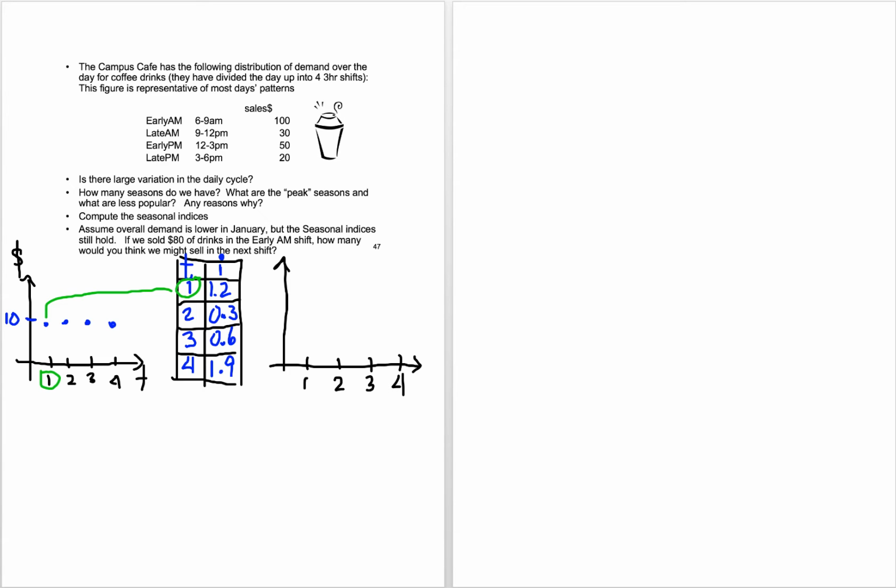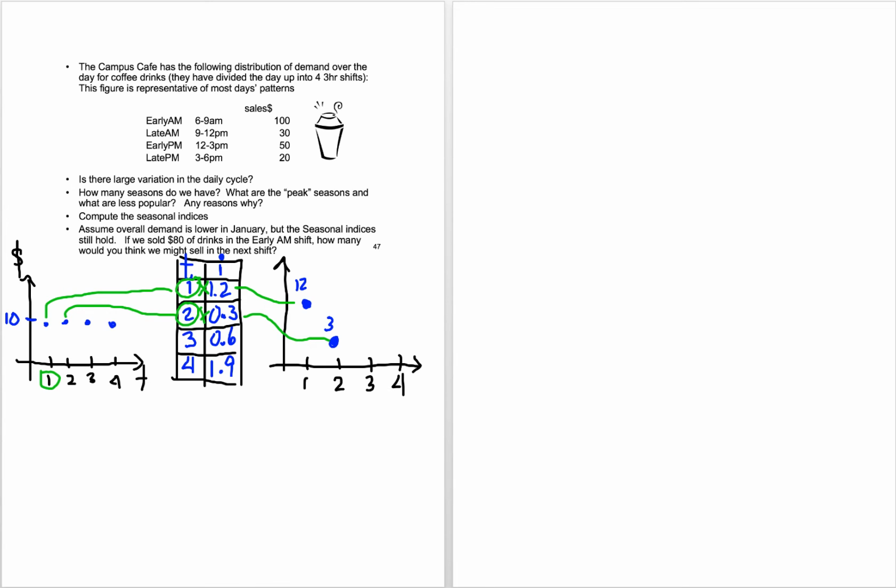So we multiply the value, which is 10, by 1.2. 1.2 times 10 is 12, so we can plot our new value here at 12. And now we do the same for the rest of the seasons. So period 2 has a value of 10 and an index of 0.3. 10 times 0.3 is 3, so we can plot that here.